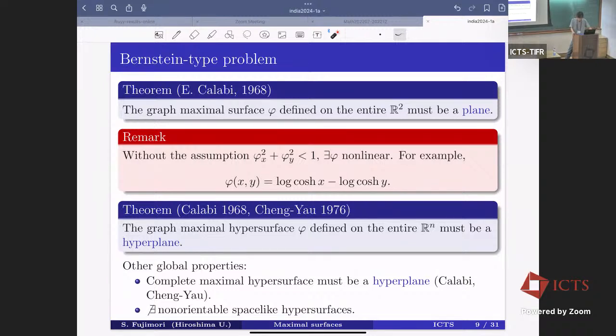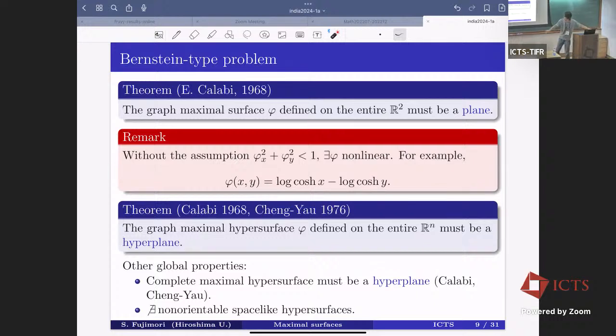We usually consider global properties of surfaces, assuming completeness or compactness, but there is no compact maximal surface, unlike minimal surfaces. In the minimal case, we consider complete minimal hypersurfaces. But if we do the same in the maximal case, there is only one example, the hyperplane. That's it.